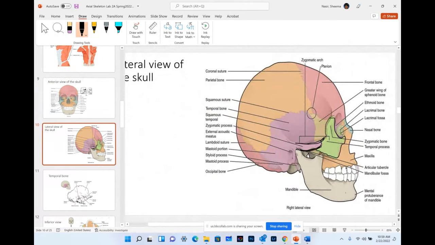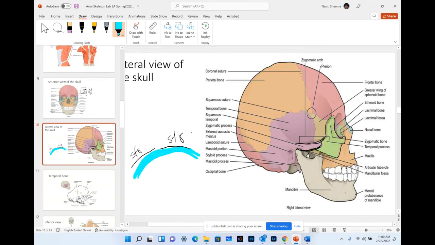So how does that fit? Zygomatic bone and temporal bone, they come together and this is the structure. The bone is the structure. However, what is this? This is the shape. That makes sense? Arch is a shape. It's not a structure.